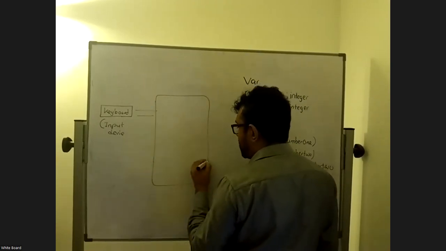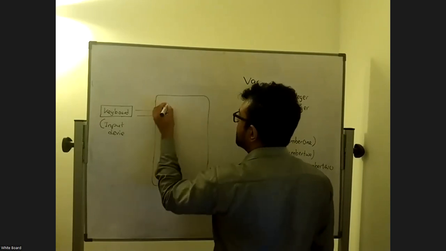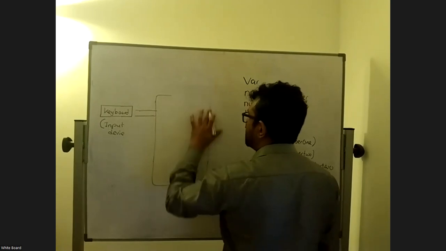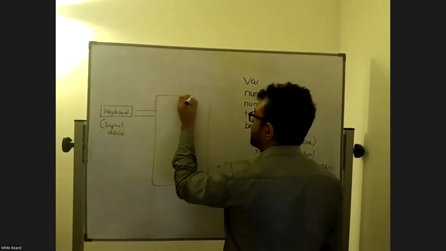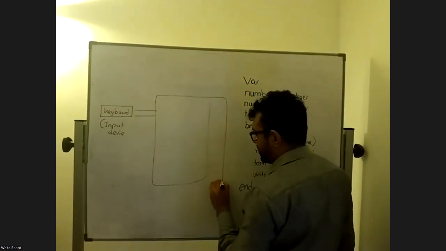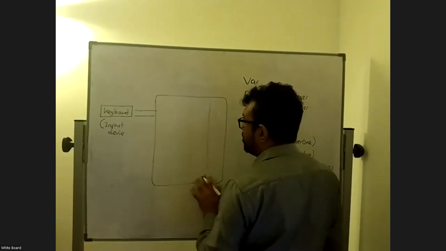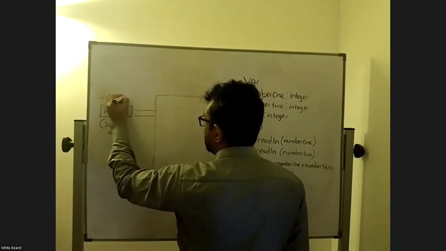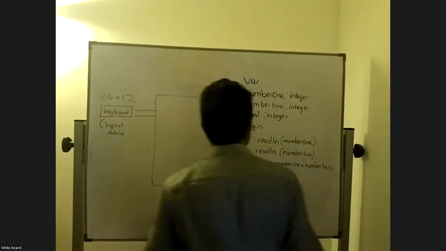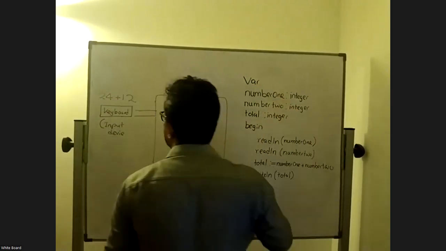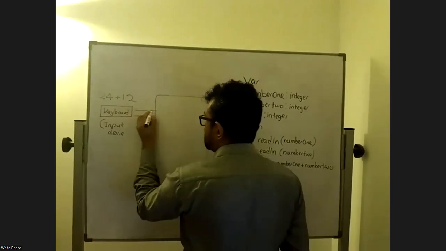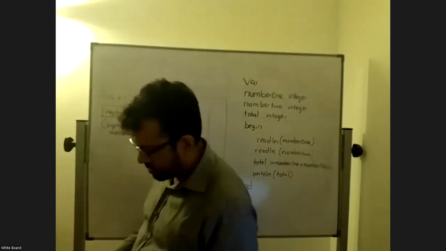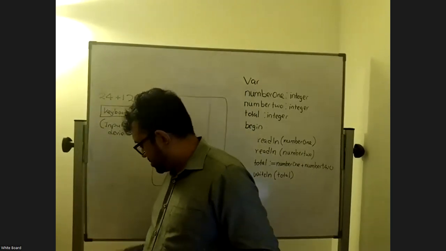And according to that diagram, where does that directly go to? Okay. Rama, can you hear me? When you enter two numbers, let's say you enter 24 plus 12 as these two numbers, number 1 and number 2. Where do these two numbers go directly and get stored?